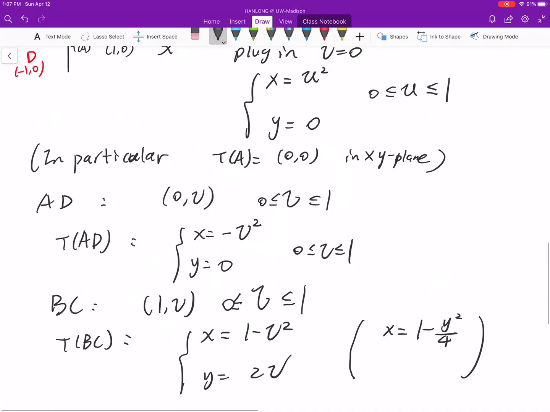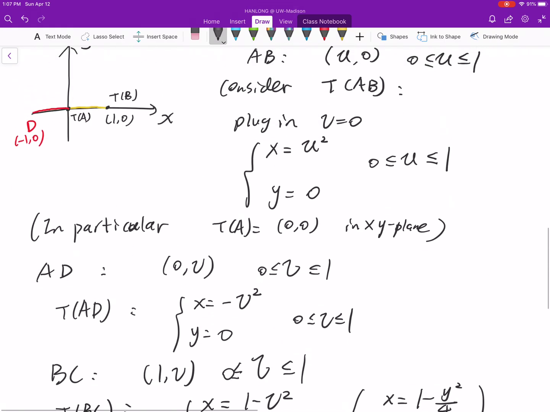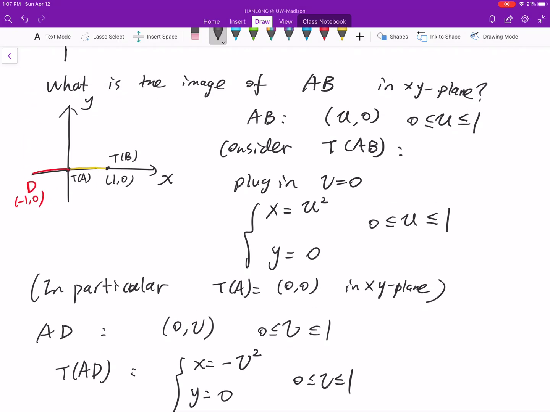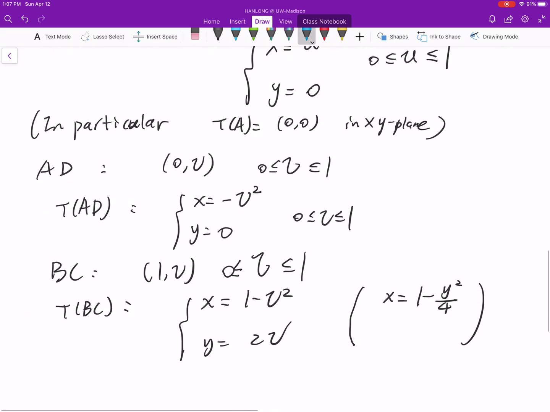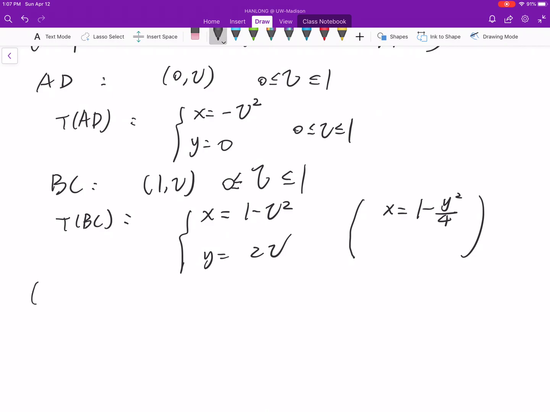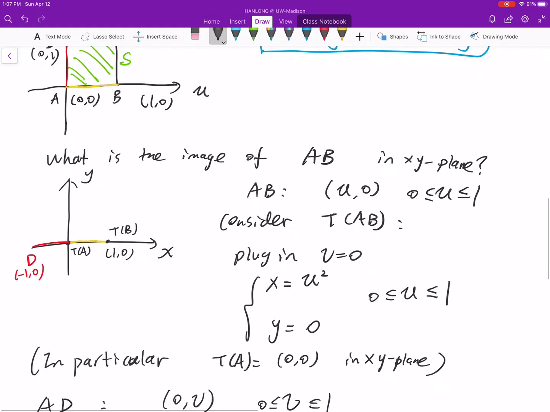So this will look like this. The x-intercept is 1, and the y-intercepts are 2 and negative 2.